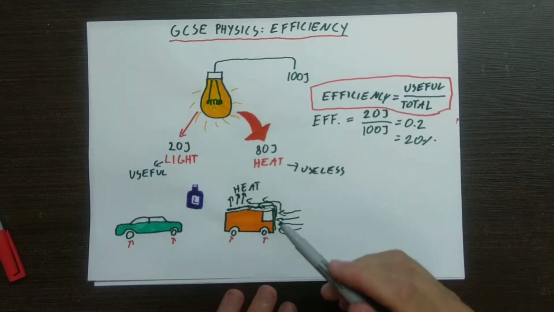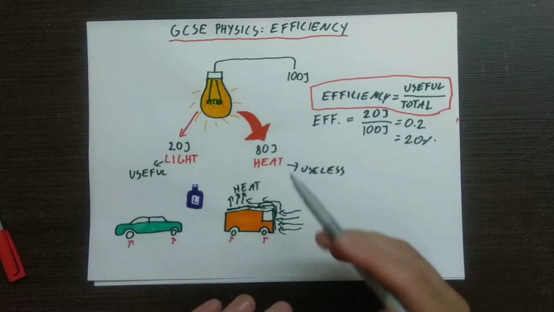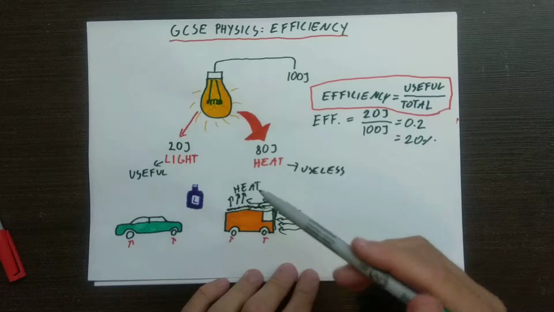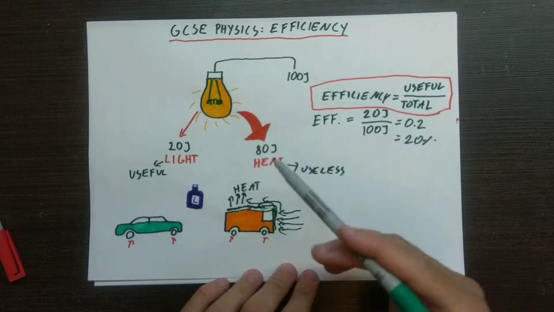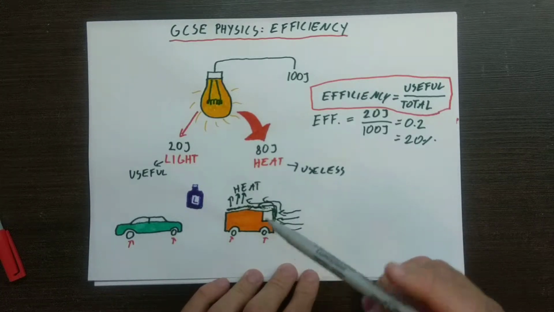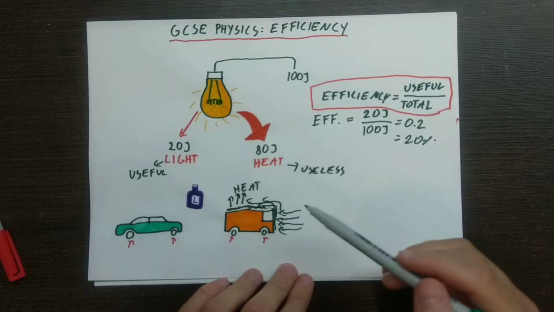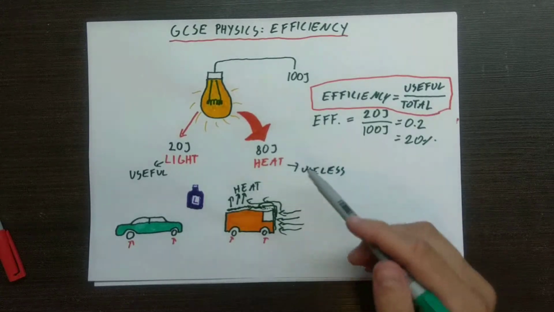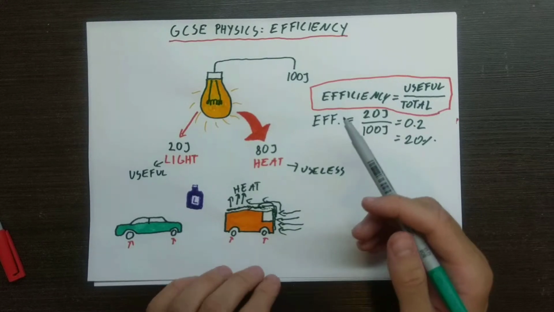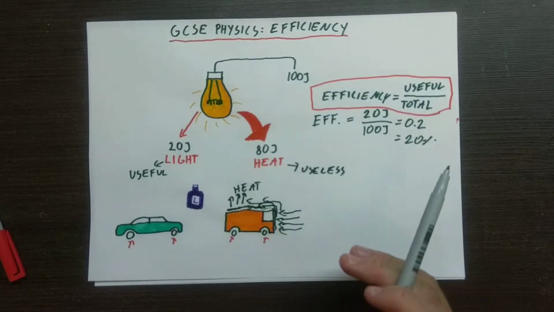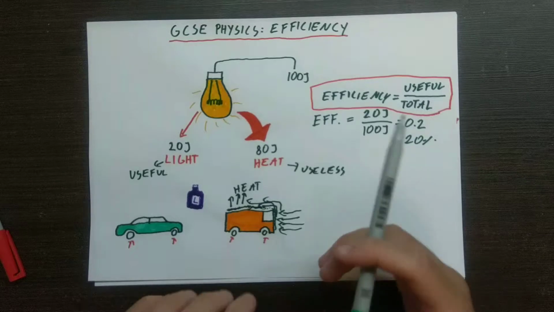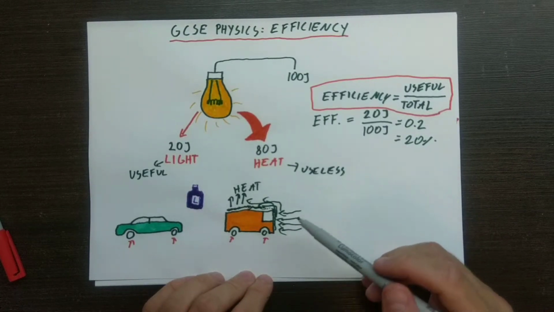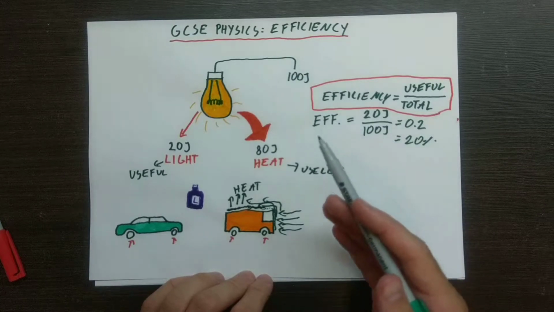As you can see, heat is one of the major ways that energy is wasted. It isn't always heat, but very often it's heat that causes this energy wastage. A lot of these useless energies will be heat, which is why, conversely, an electric heater is actually pretty efficient, because it releases heat, and that's its job.